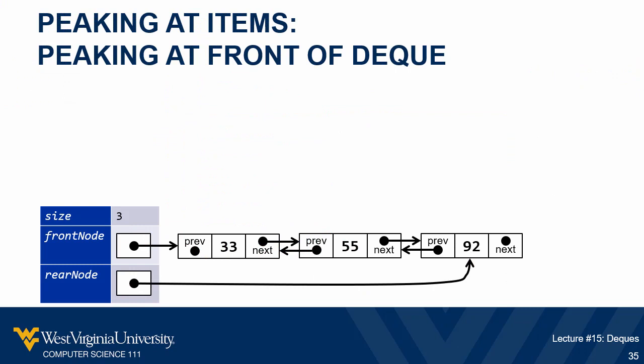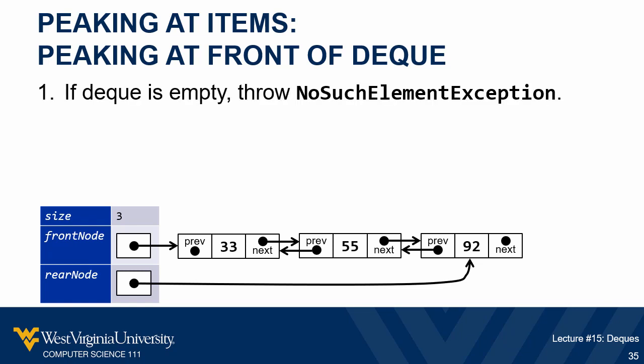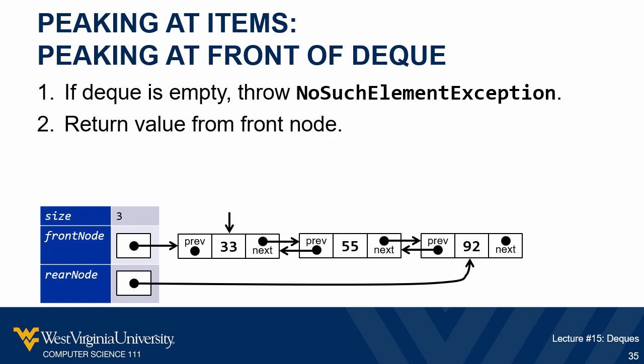The process of peeking at the front and rear of our deck to see what's in those positions is pretty straightforward. For the front, we're going to check to see if our deck is empty first, and if so, we'll throw a NoSuchElementException. Assuming that there are things in our deck, we're just going to return the value from the front node.